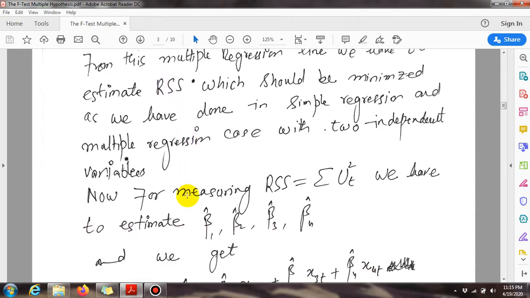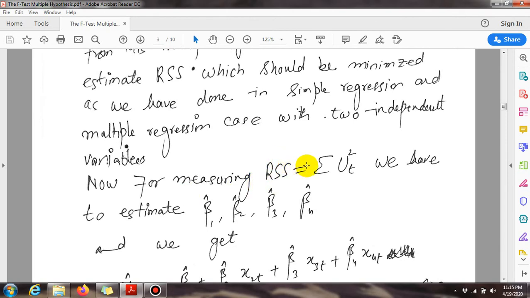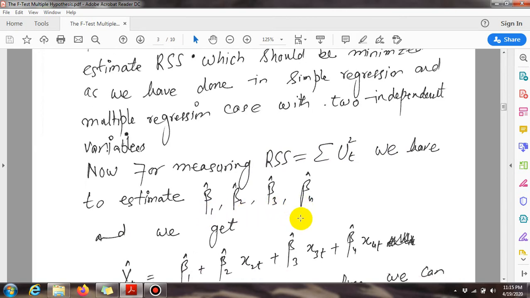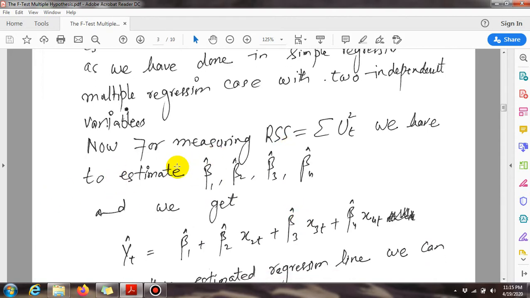Now for making the residual sum of squares, summation u hat square, we have to estimate beta 1 hat, beta 2 hat, beta 3 hat and beta 4 hat. For getting beta 1, 2, 3 and 4 hat, you have to use the formulas for these 4 betas, and we gave these formulas in our previous session, the multiple regression session.